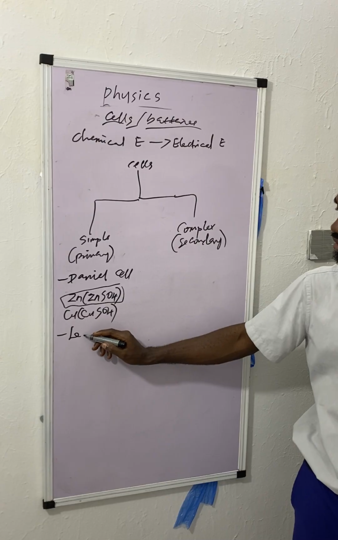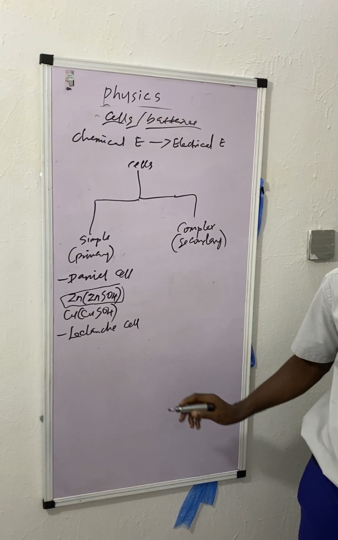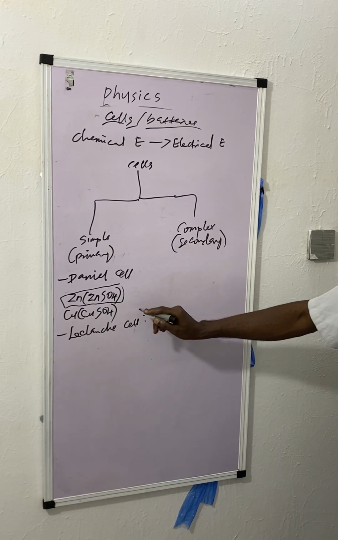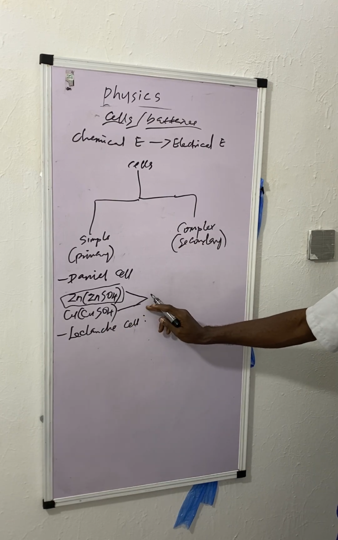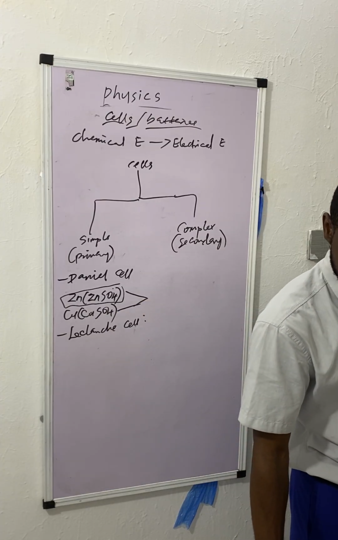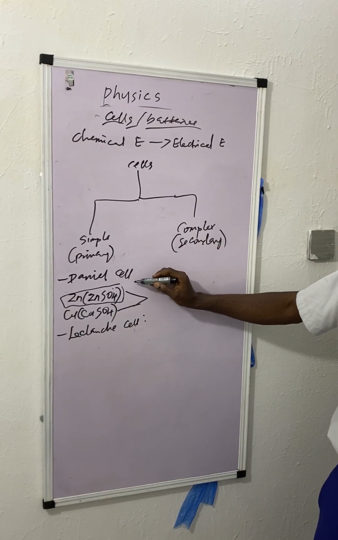We have another cell called the Leclanche cell. The anode of this cell is usually made up of zinc.